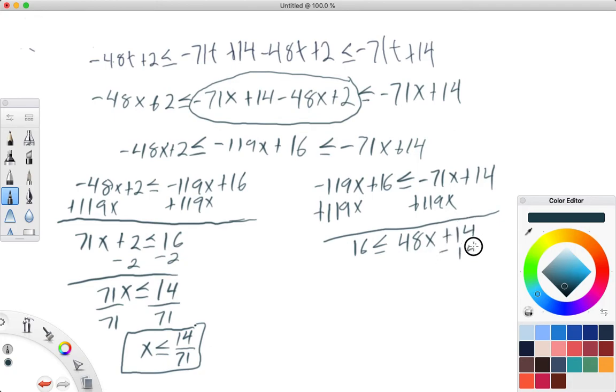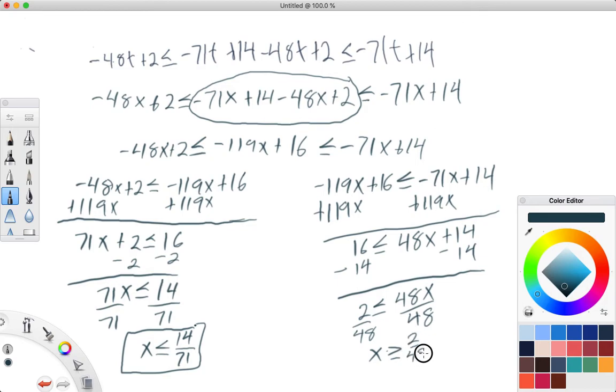Subtract 14 from both sides, and I have 2 is less than or equal to 48x. Divide both sides by 48. And that one will reduce. So I want to read this left to right. So I'm going to say x is greater than or equal to 2 over 48. Both of those are divisible by 2, so that's 1 over 24.